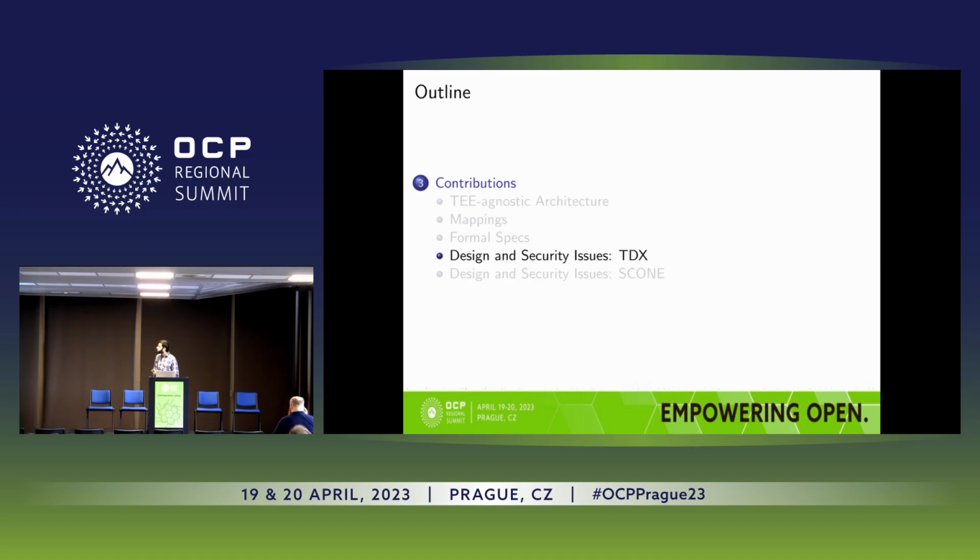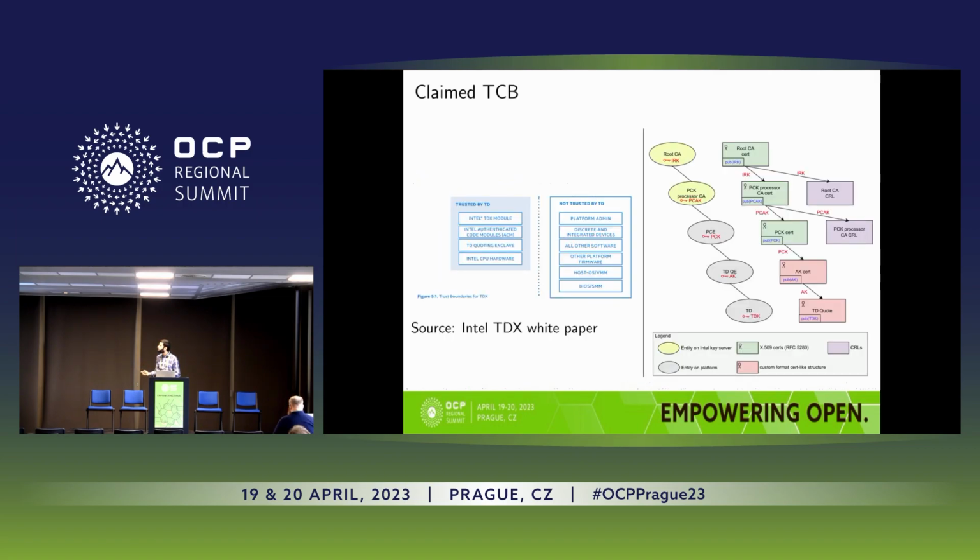Right, so these were the three main contributions that the work was focusing on. Other than that, I want to quickly describe the security and design issues that we also found. In the TDX part, which I talked about in the vendor solutions part, Intel claimed that this is the TCB of the TDX, from the Intel TDX white paper.